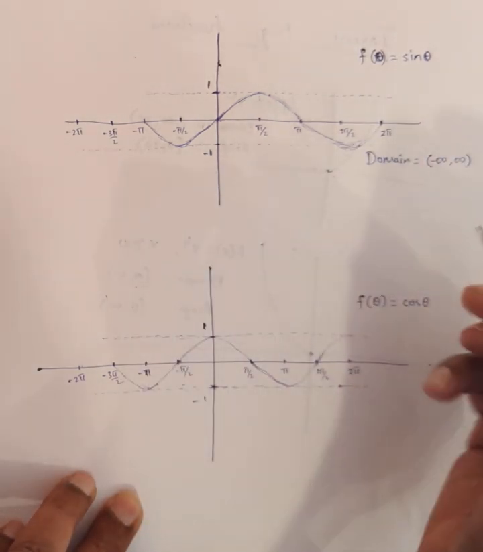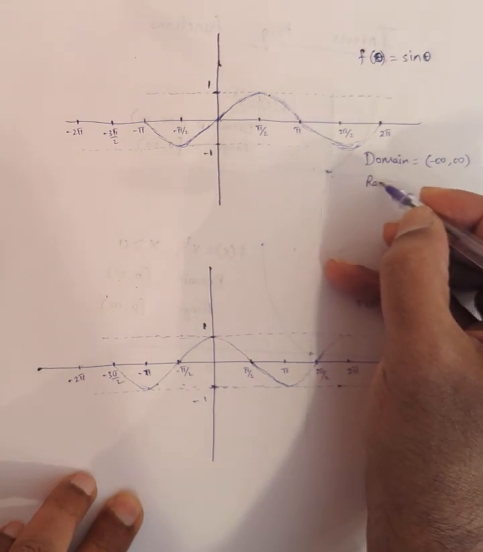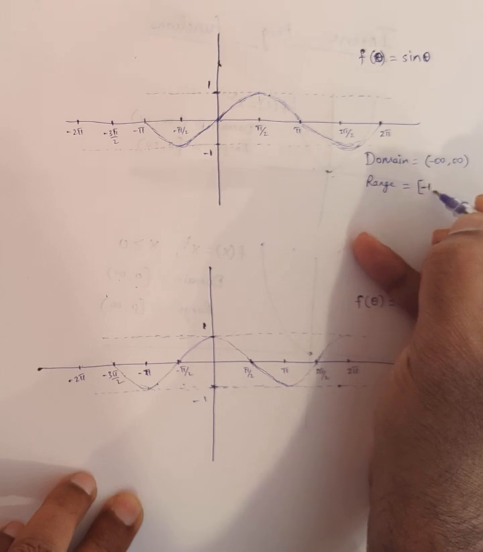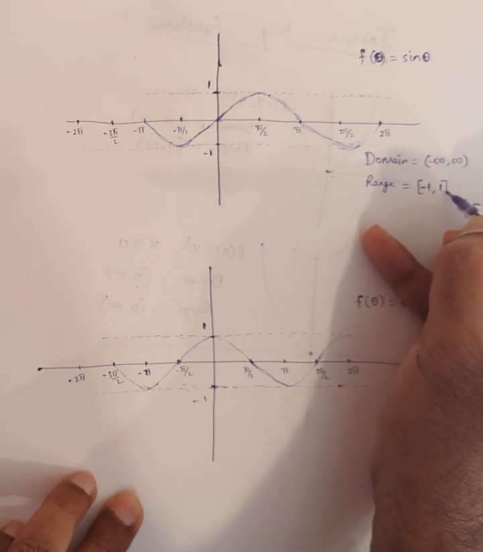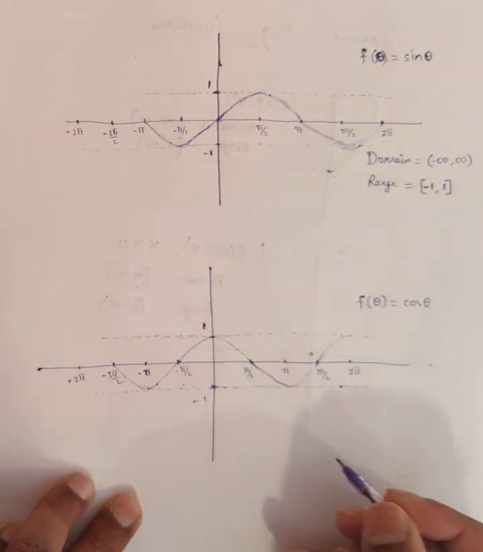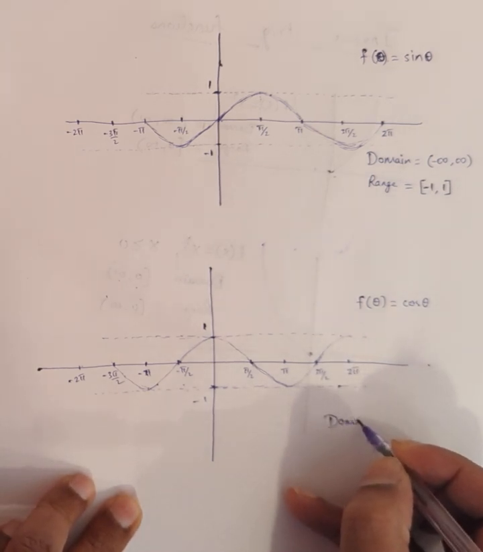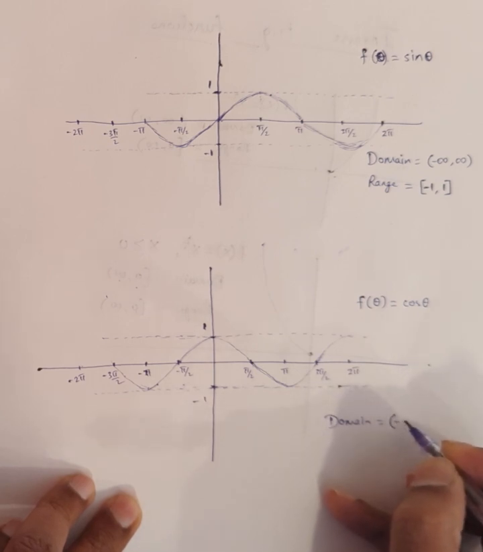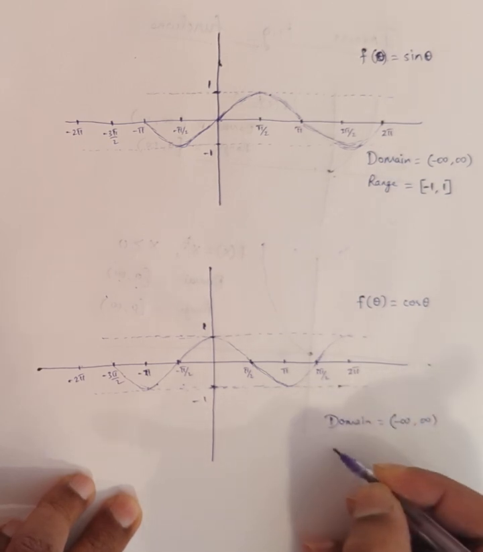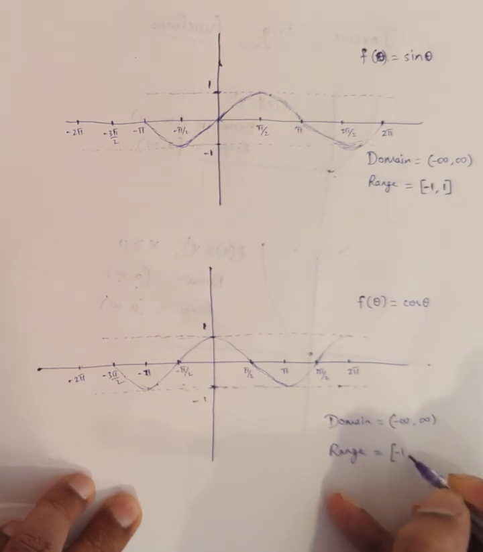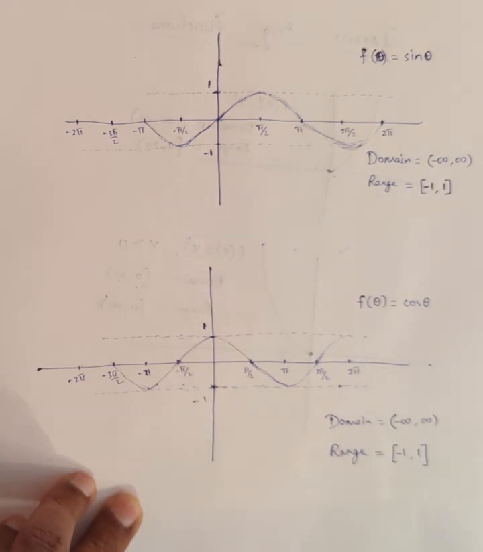You can plug anything. And the range goes from negative 1 to positive 1, including the boundary points. And same thing for cosine. I can write the domain as negative infinity to infinity, and the range is negative 1 to positive 1, closed interval.